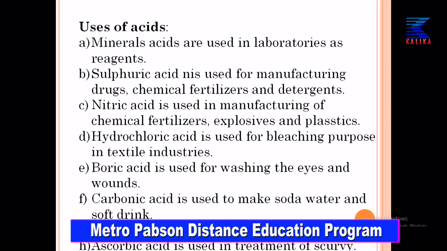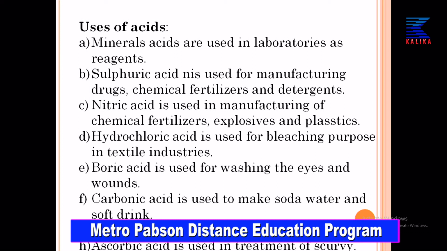Similarly, sulphuric acid is used for manufacturing drugs, chemical fertilizers and detergents. Nitric acid is used in the manufacturing of chemical fertilizers, explosives and plastics, and hydrochloric acid is used for bleaching purposes in textile industries.